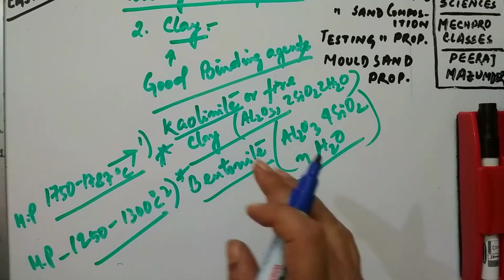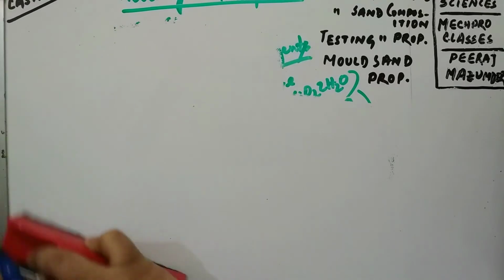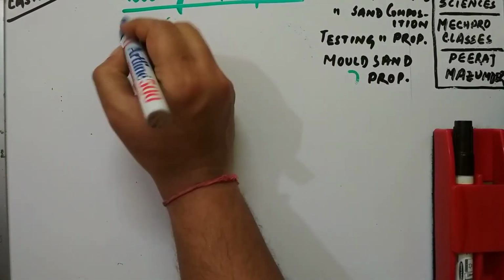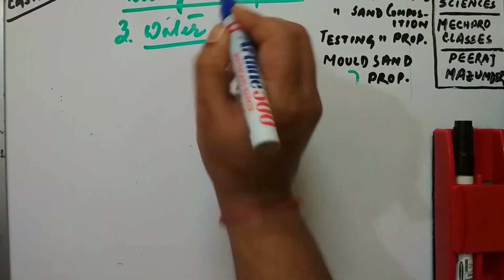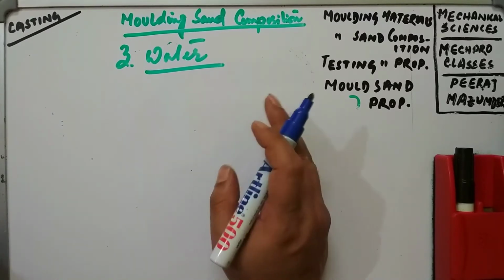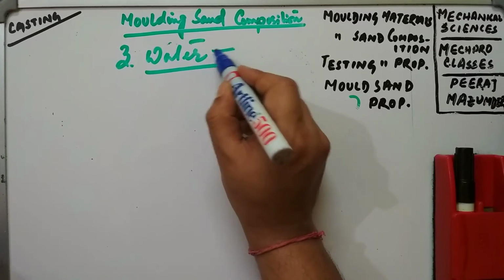Next, among the principal ingredients of the molding sand, the third one is water, moisture. Moisture is very useful in preparing molding sand during casting. Now what is the purpose of moisture?